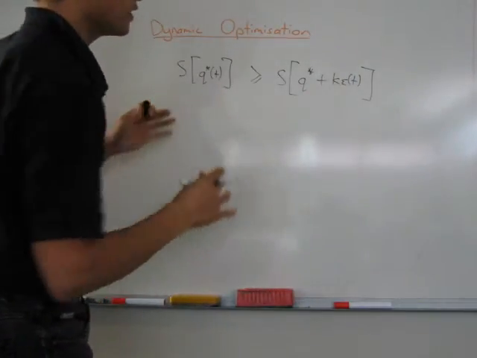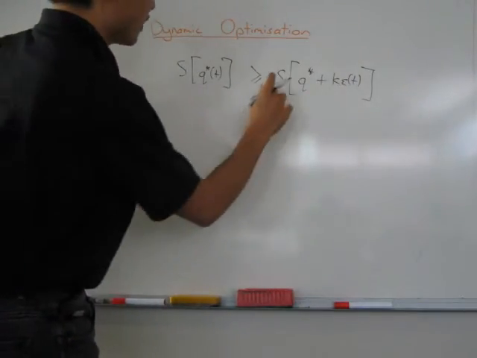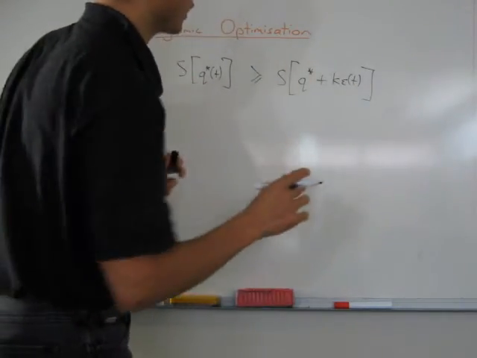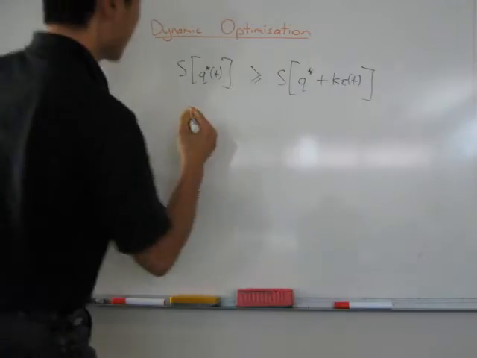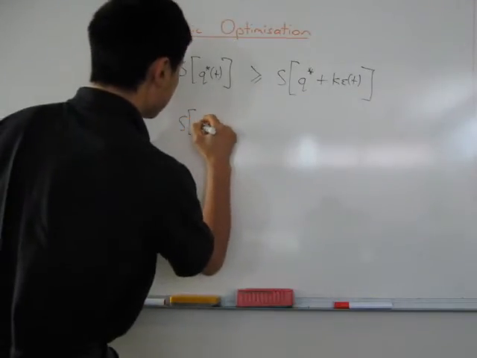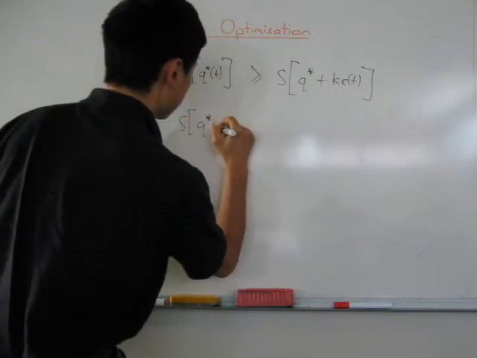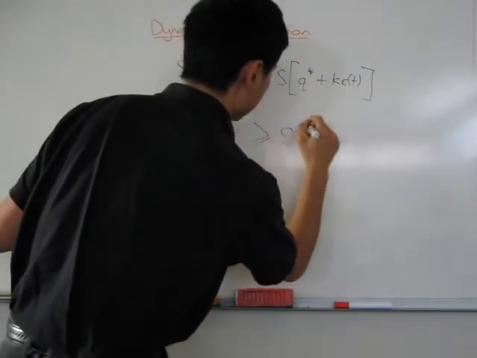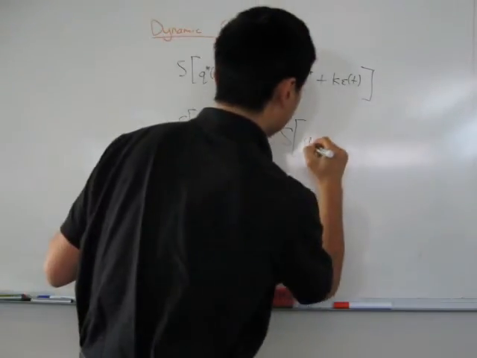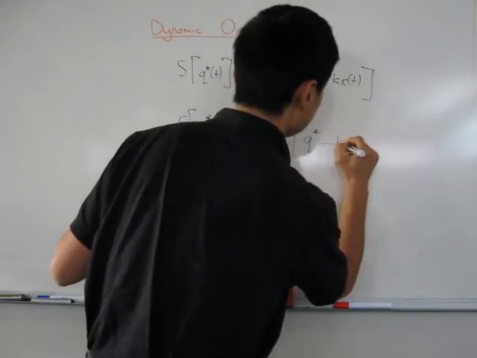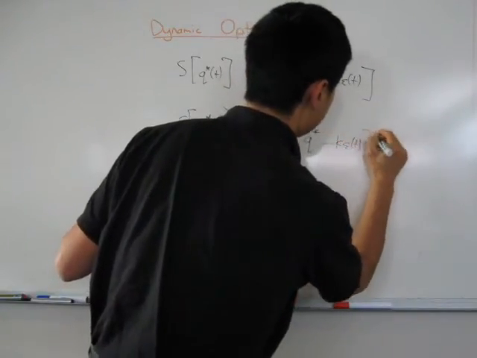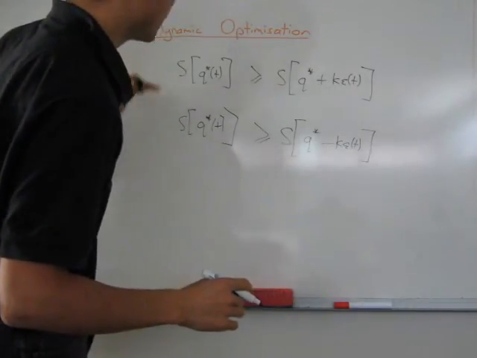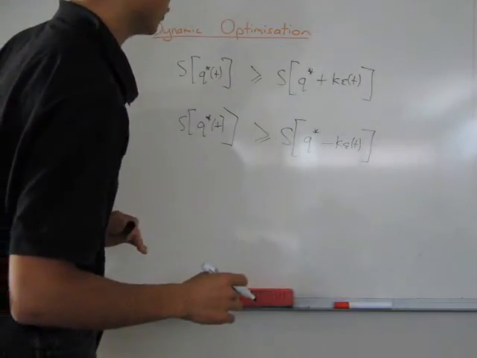And it must be the case, unless I'm lying, that the action you get from this modified suboptimal function is going to be worse, as must this other modified function, which is also suboptimal. So unless I'm lying, this inequality must be true and this inequality must be true.